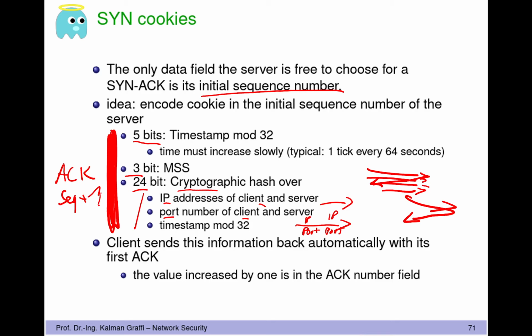So we can recreate what basically it was, we just subtract 1. And then we can verify, okay, is it really a valid cryptographic hash? I mean, here we can put in our kind of key so that only we can create it. So to verify that it was really from us, it can be a hash over the data with a specific key, so that others cannot create this because they don't have the key.